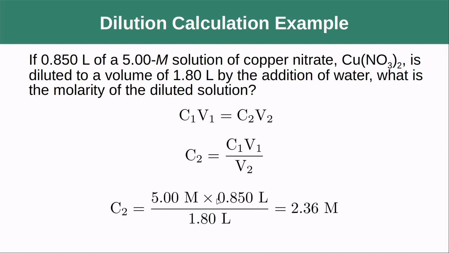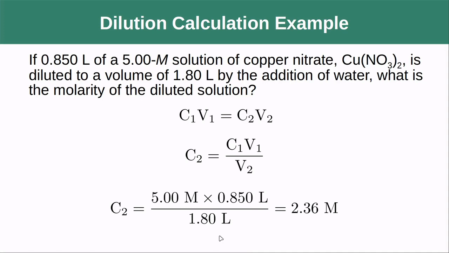I need to have the smaller volume in the numerator and the larger volume in the denominator so that when I do this math, I wind up with a smaller concentration. So that's a nice little check, if you think about what's happening in the problem, to know that you've placed those volumes in the right place.